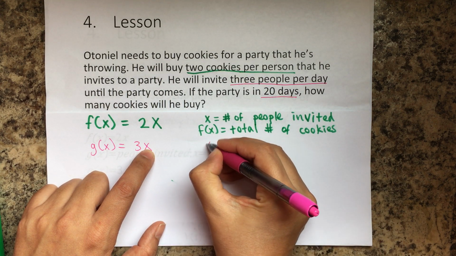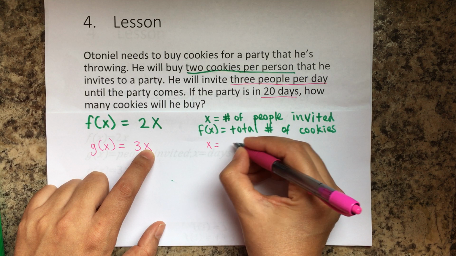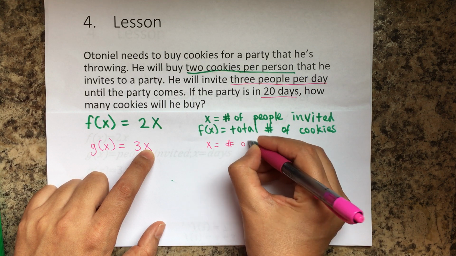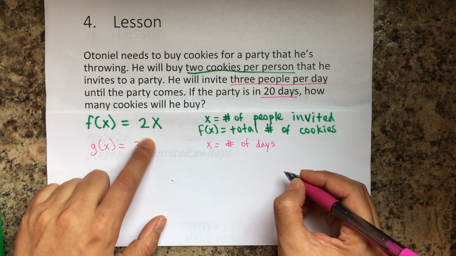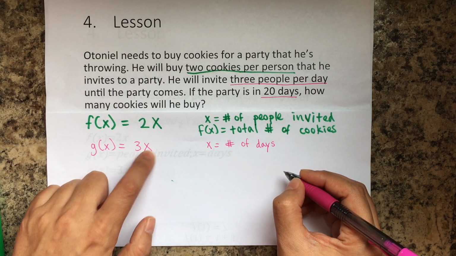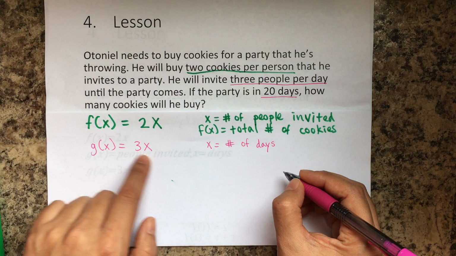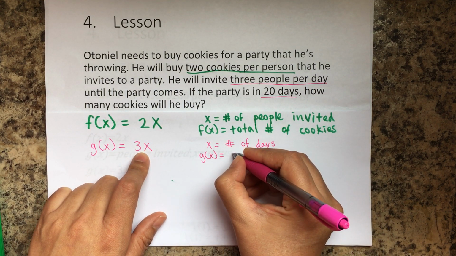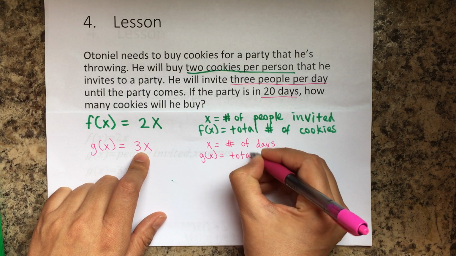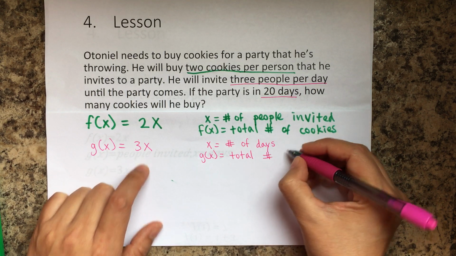So the x represents the number of days until the party comes. And he'll invite each day 3 people, so the g of x represents the total number of people invited.